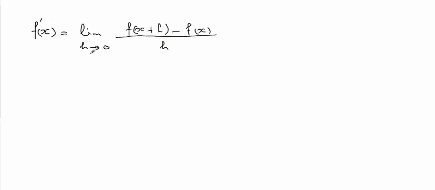You must remember that when we're calculating a limit like this, we're saying h tends to 0, but we must never lose sight of the fact that h is not equal to 0. Now, we know that our function is y equals x squared.